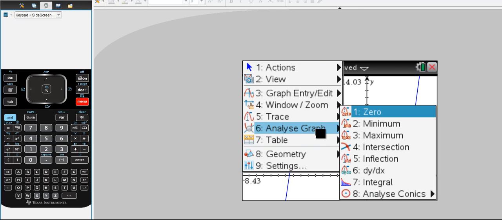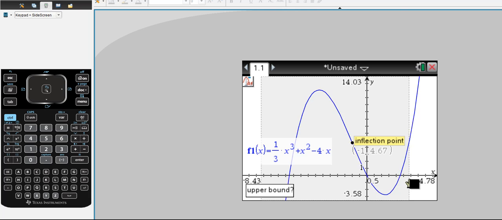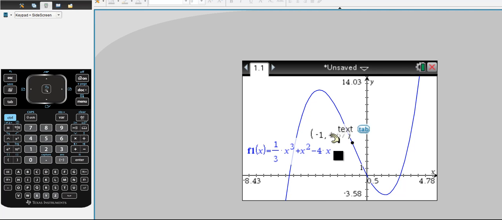So we're just going to go to inflection, and we start at the very left. Remember, we're analyzing the graph within the interval -6 to 4. So let's start around here, keep going, keep going. Here we see an inflection point, okay? And then we go to around 4. Okay, here's our inflection point.